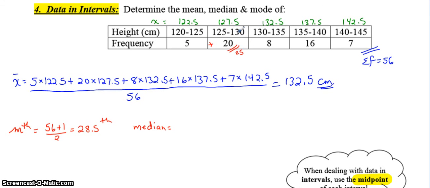So we're at the 25 pieces of data here. We want 28. So when we add 8, that gives us 33. That means the 28th and the 29th value would be 132.5. So since they're both the same, you don't have to average them. Don't forget your units.